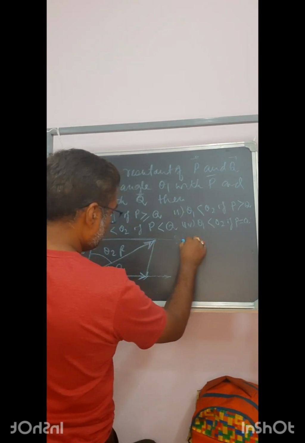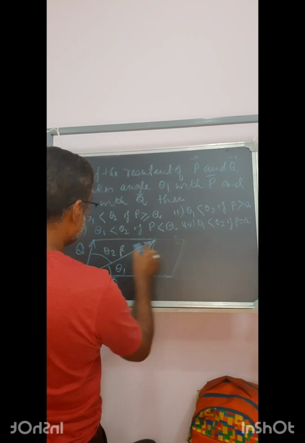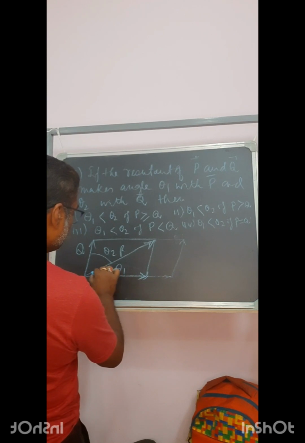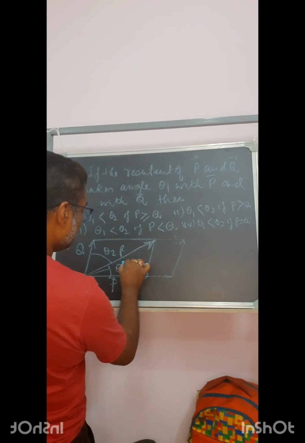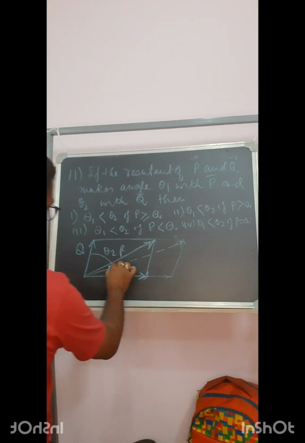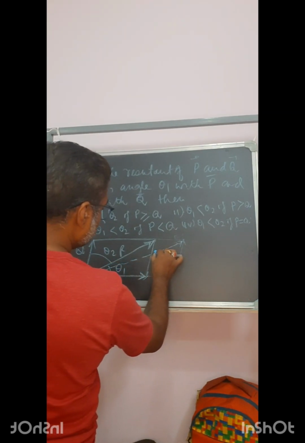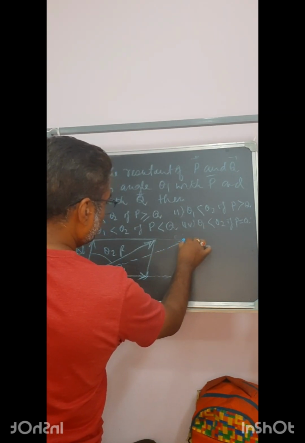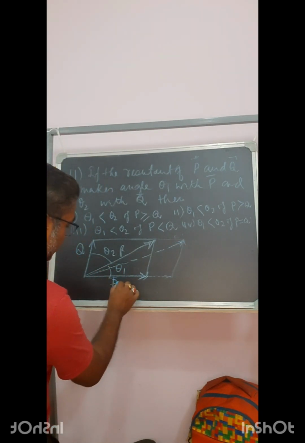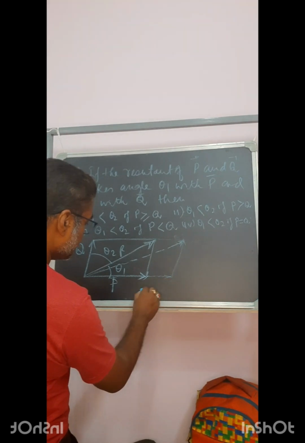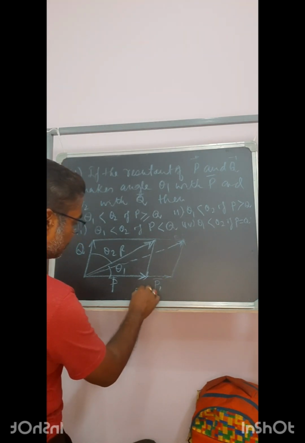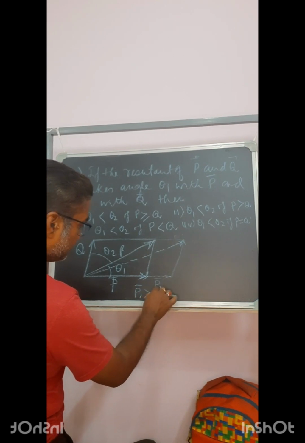It will move up, while this vector stays the same. So now what will be the condition of your new resultant here? Now see, just understand very minutely. I am increasing vector P, let's say this new vector is denoted by P1, which is basically more than P.